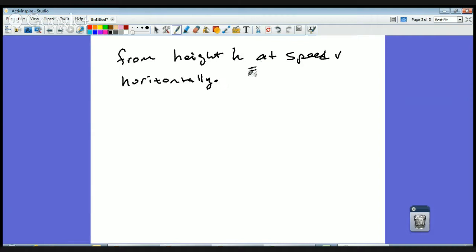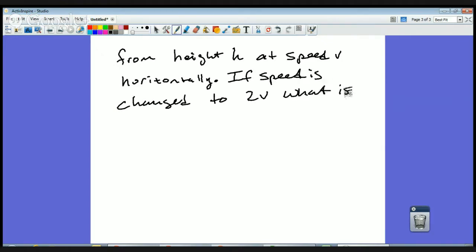And then they say, well, if you change the speed to 2v, what is the new range, or what's the new distance? So you throw it from this height at speed v horizontally, and it goes distance d1. If the speed is changed to 2v, what is the new range?